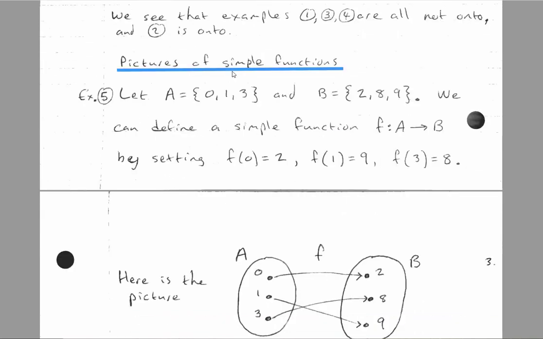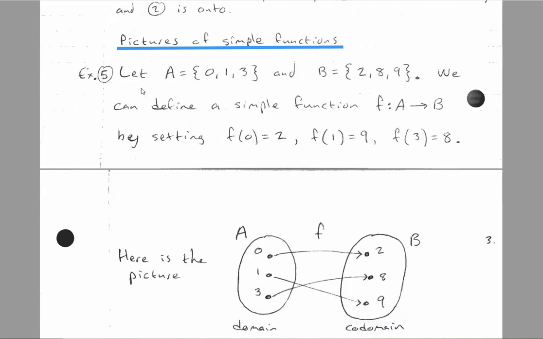Okay, so in this section we look at pictures to help us understand these concepts, looking at some very simple functions. Let A be the set 0, 1, 3. Let B be 2, 8, 9.